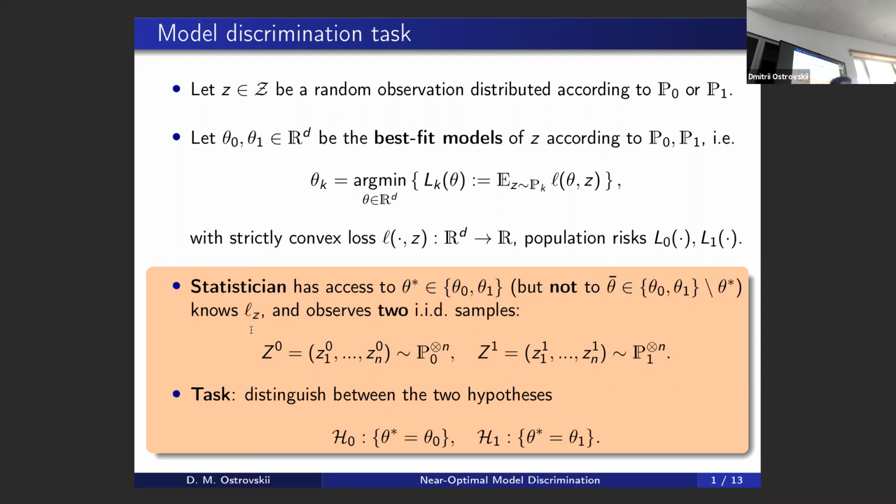Sorry, L of Z should be L of theta, Z; it's a typo. And I observe two samples, an i.i.d. sample from P0 and one from P1. What I want to understand is which one of the two is theta star. So in other words, I need to test, and theta star is something known, and I can awkwardly write my two hypotheses this way.